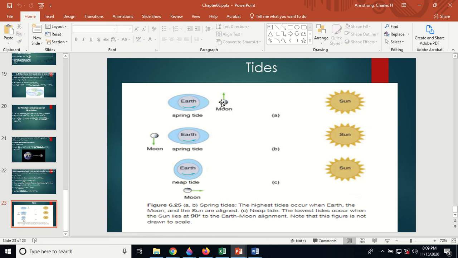So here we have a combination of the two. Right now you've got a big force on the part of the ocean that's closest to the moon and the sun, a smaller force on the Earth. So it's like this part of the ocean got pulled towards them, and over here, this part of the ocean got left behind. Now if the moon's up here, boom, we don't see any impact because the moon's having the same gravitational force everywhere.